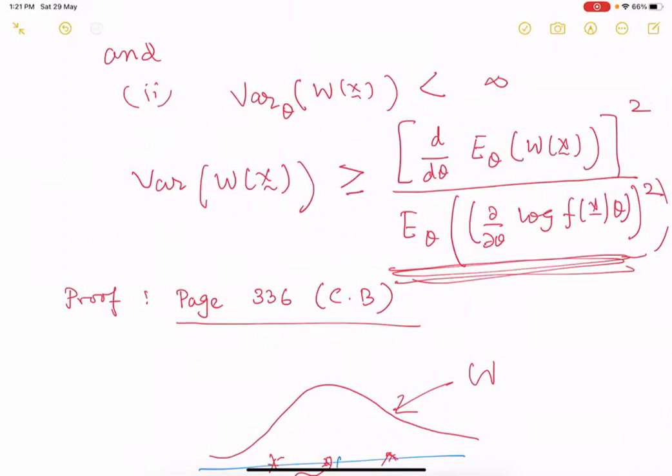It doesn't matter how sophisticated a methodology you are using, there is a margin of error, and this margin of error will have a lower bound. This lower bound tells us the bare minimum margin of error we have to live with. We cannot reduce our margin of error beyond that. But of course, our best methodology will try to achieve the variance of Wx to be the minimum bound. So that is what it's talking about.